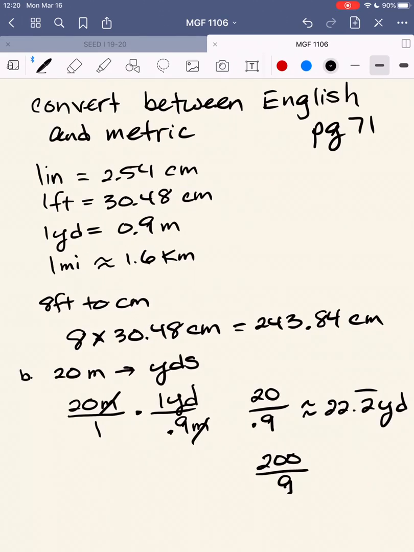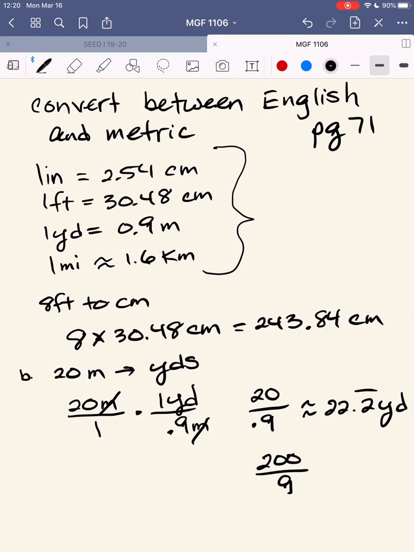With C, I need 30 meters to 2 inches, sorry, 30 meters to inches. Now, I don't have anything in my chart that takes me from meters to inches.